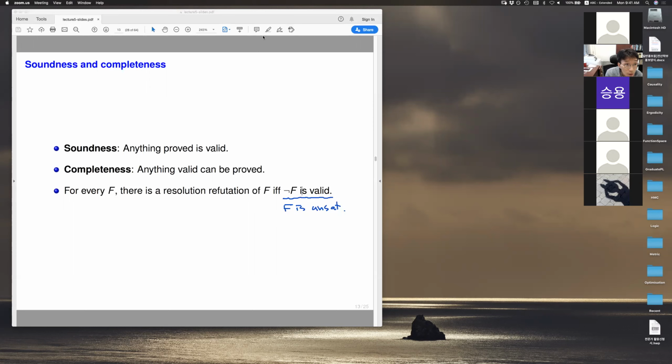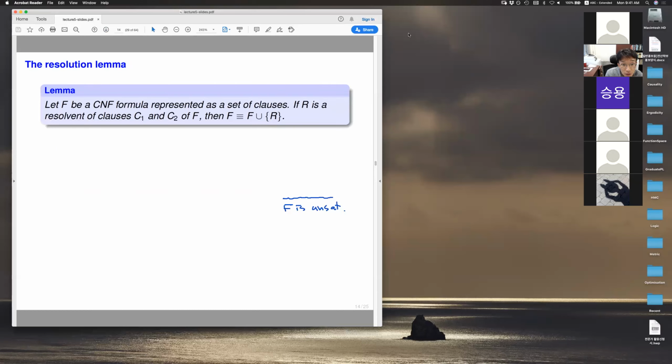So we're going to prove this soundness and completeness. We'll first look at soundness. The key step of soundness is this lemma, sometimes called the resolution lemma.